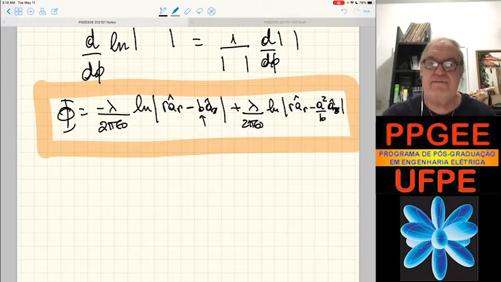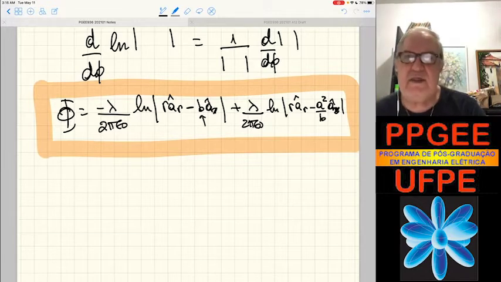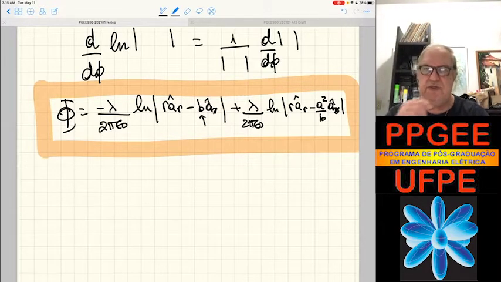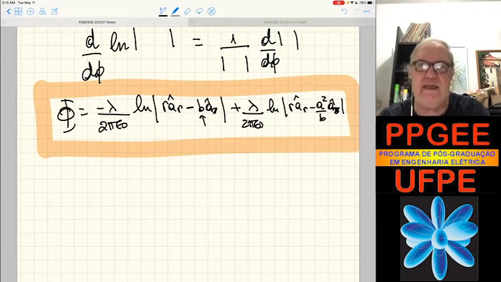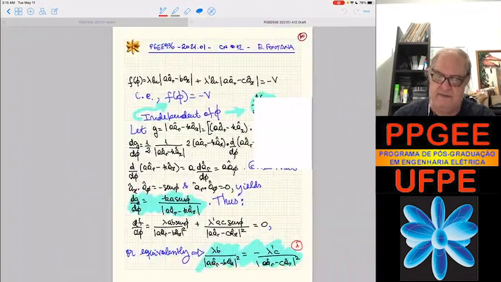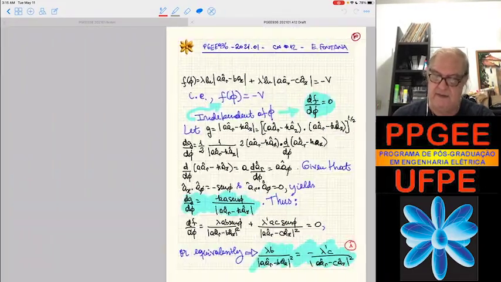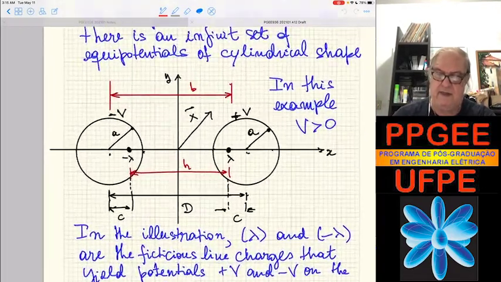Okay, so this allows us to determine solutions of the potential distribution between two cylinders, okay? Like in this example here. Let me see, where is it? Here, right?